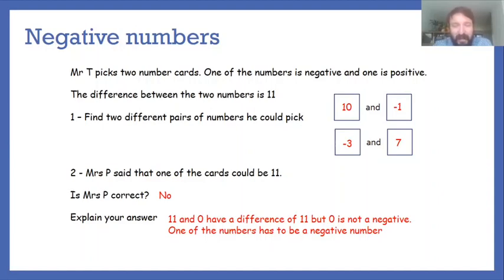One of the numbers has to be a negative number. Okay, hopefully you understand that, and that's straightforward. It might be worth going to ask your parents and see what they think, and maybe you could have a good old debate about whether we think Mrs. P is correct or not, but that's my thinking.